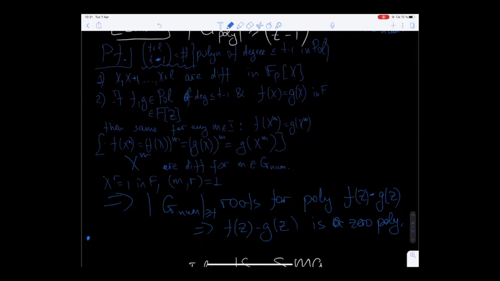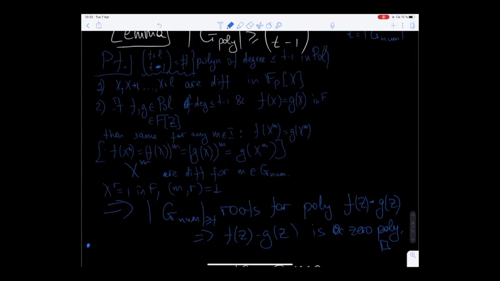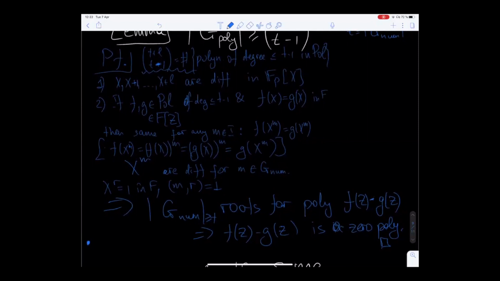Because if f of x is equal to g of x in F, then as polynomials, f and g must be equal because we find a lot of roots. Okay. Is this clear, this part? Yeah. Okay, good.